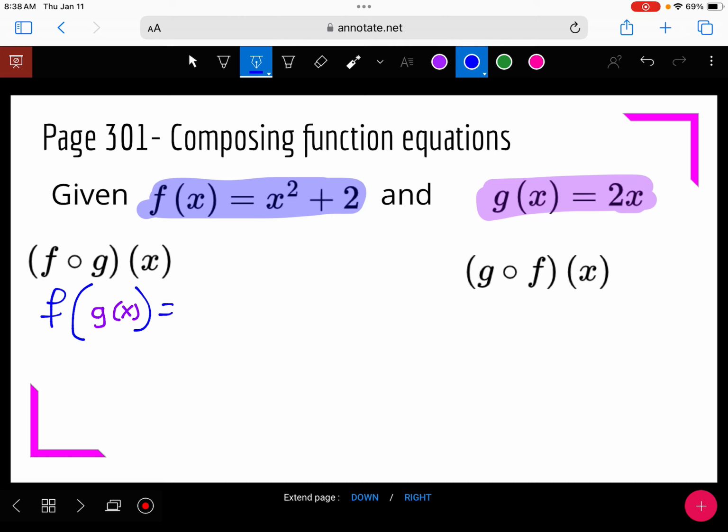We're going to take our f of x, but in place of the x is where we substitute in g of x, squared plus 2.